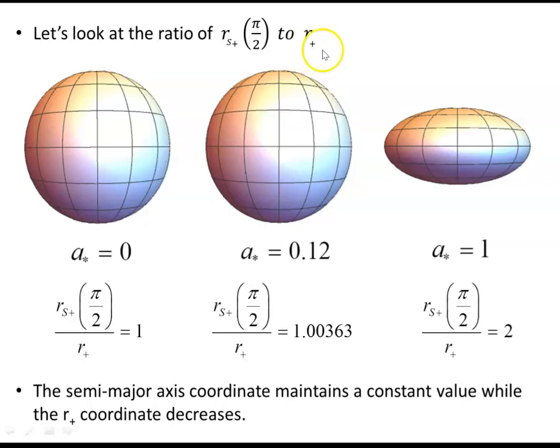Let's go up to an extreme case. This is an extreme rotating black hole, the extreme Kerr black hole. Let's take a star, for argument's sake, to be 1. Whether or not they actually reach 1 in nature is not clear. But let's take a star equal to 1, and the ratio then gives us a value of 2. Now the semi-major axis coordinate maintains a constant value along here, remember it was that value we saw of 2GM on c squared, but it's the semi-minor axis, the R plus coordinate, that decreases as the spin value increases.